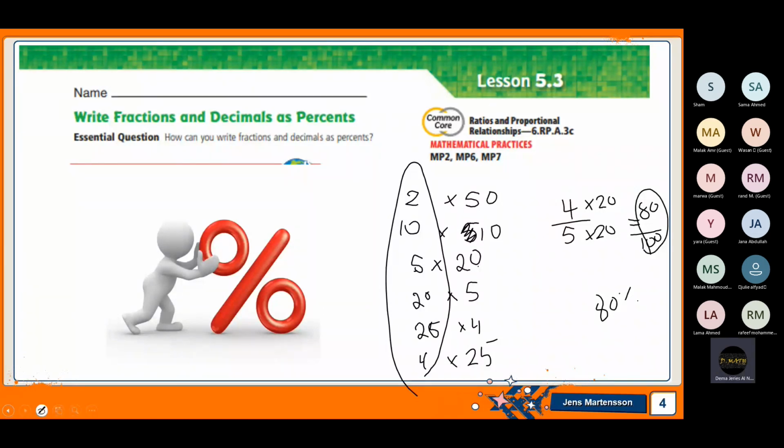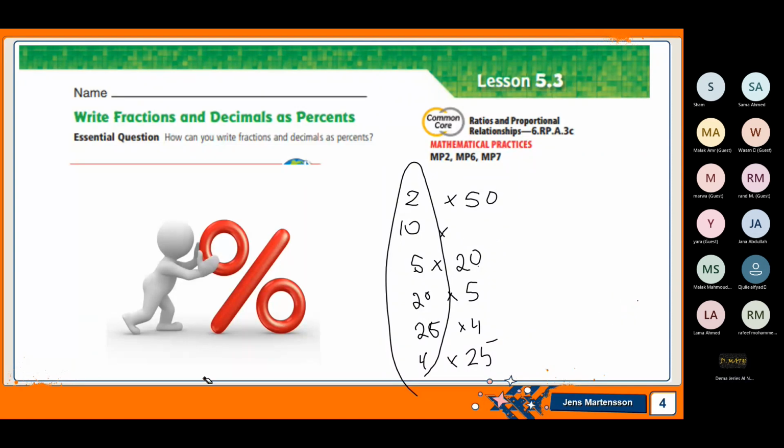So I will give you now another example here. If you have a fraction such as 4 over 20, and you want to write it as a percent, it means you have to write it per 100.